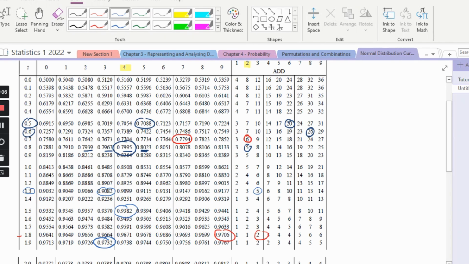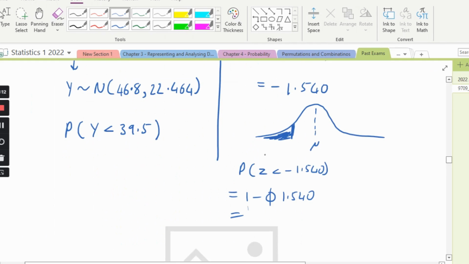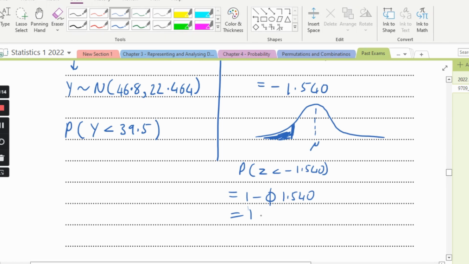Is it 0.9382? I'm getting 0.9382. One minus 0.9382, and when we chuck this into the calculator or our heads, 0.0618 is our answer there.